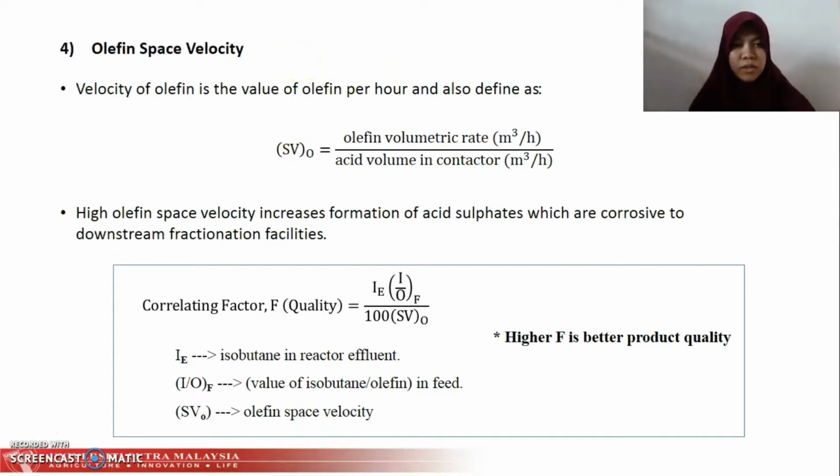High olefin space velocity increases formation of acid sulfate, which is corrosive to downstream fractionation facilities. Using this formula, we can determine the product quality. Olefin space velocity and the ratio of isobutane to olefin give high significance to product quality. A higher F means better product quality. That's all for my part. Thank you.